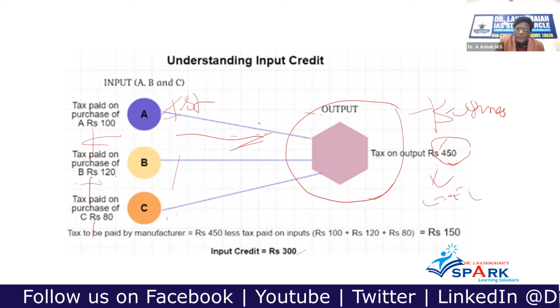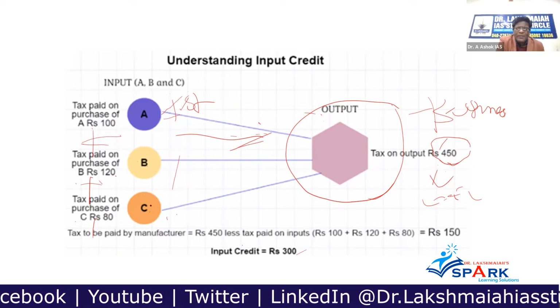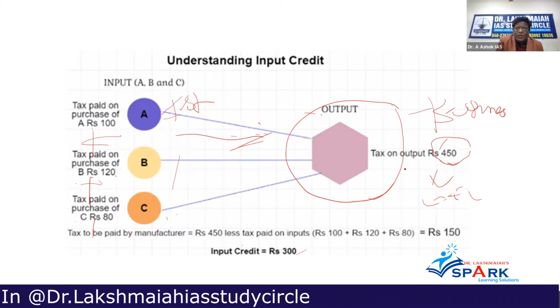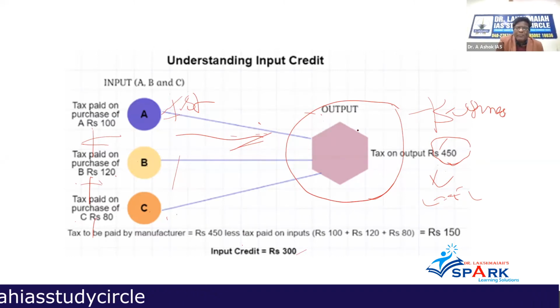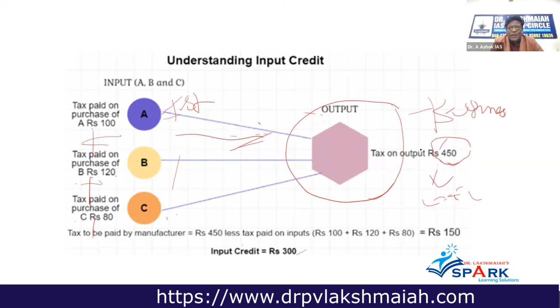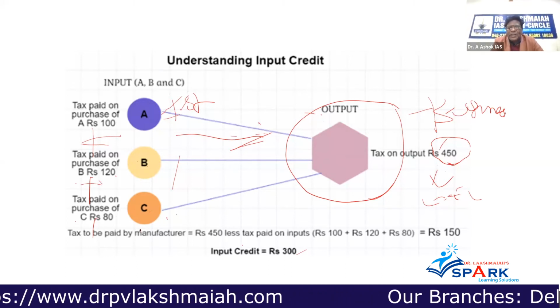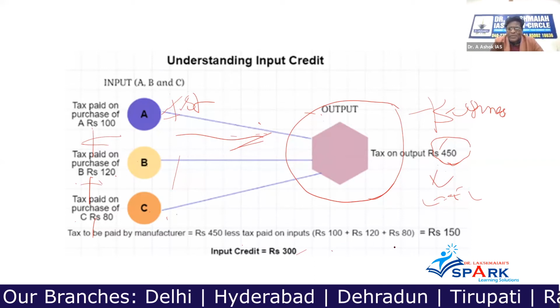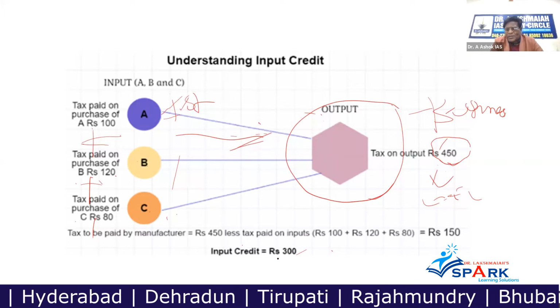Actually, how much does he have to pay? 450. So at the A, B, C points, when he is taking inputs to produce the output, he can pay. Otherwise he should have paid 450. Now he can conveniently reduce the liability, or divide it in the form of installments, making him less liable at the time of paying the output tax. 450 was the actual tax he has to pay, but he has already paid 300 at inputs A, B, C. So we can see that the input credit is 300.